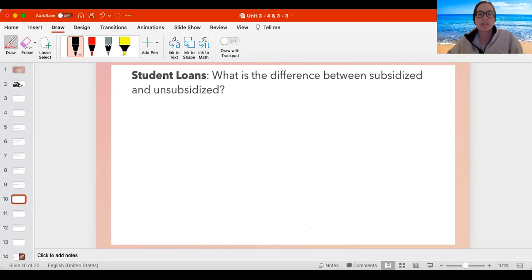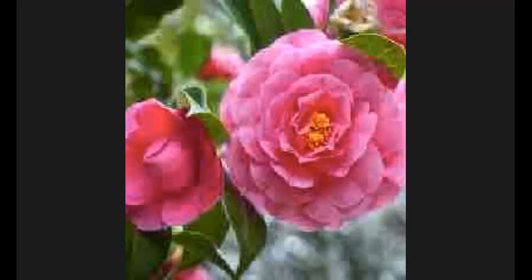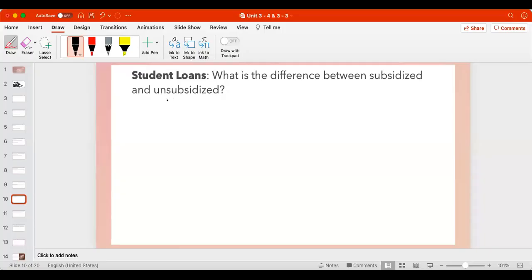First off, we need to know the difference between subsidized loans and unsubsidized loans. So what is the difference?